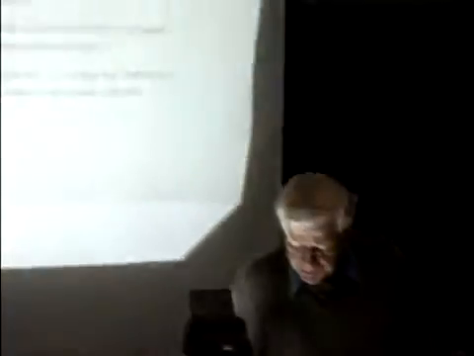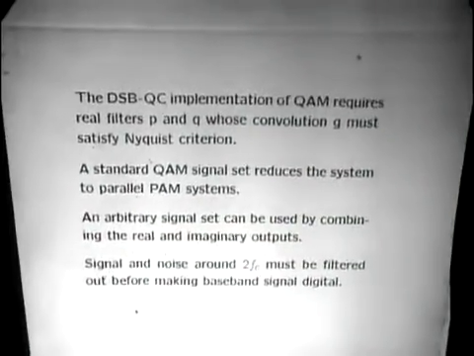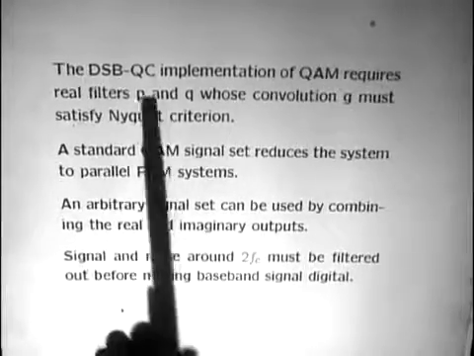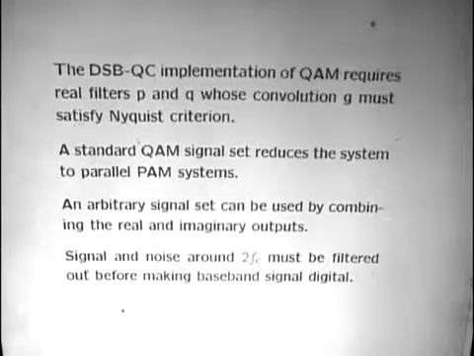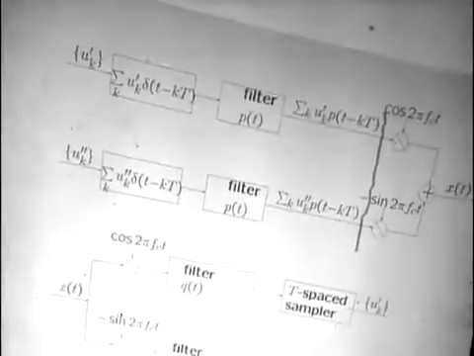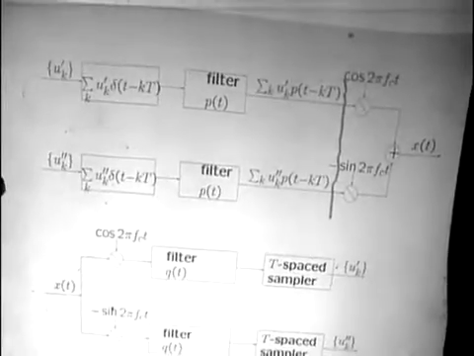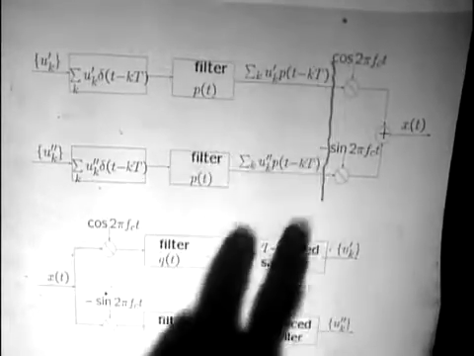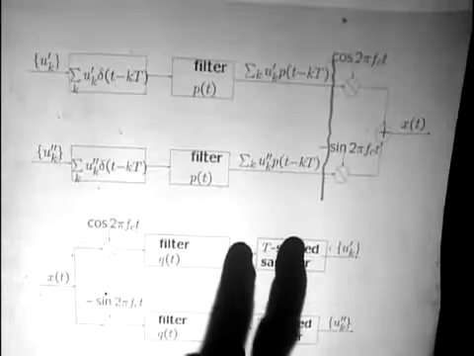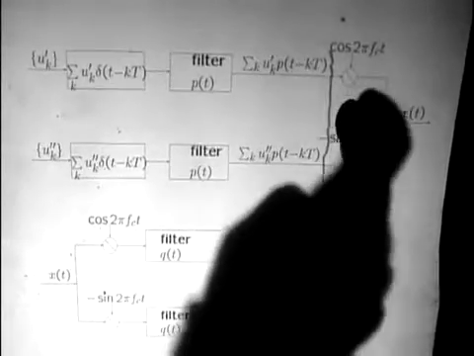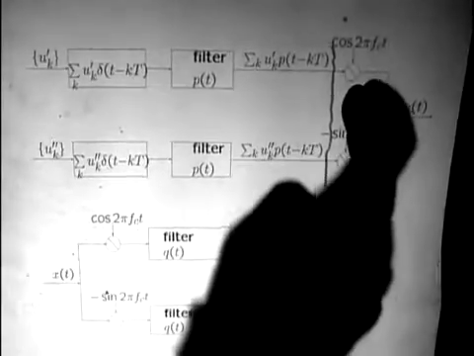When we use this double sideband quadrature carrier implementation of QAM, the filters P and Q really have to be real. Why do they have to be real? Well, because otherwise we're mixing what's going on here with what's going on here. In other words, this will not be a real waveform, so you can't just multiply it by a cosine wave.